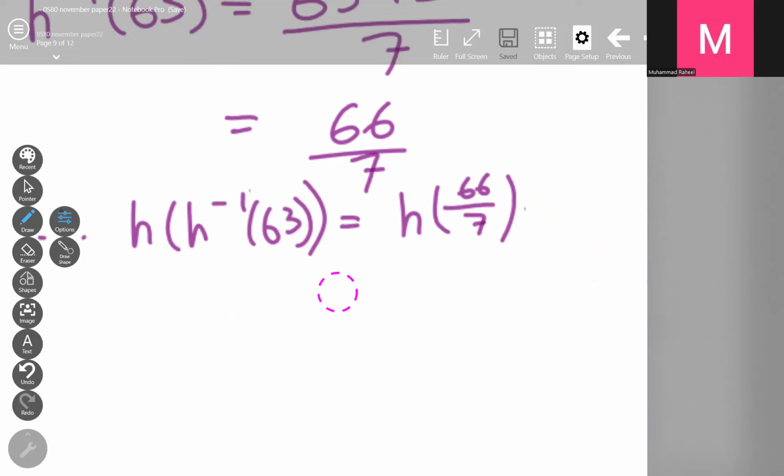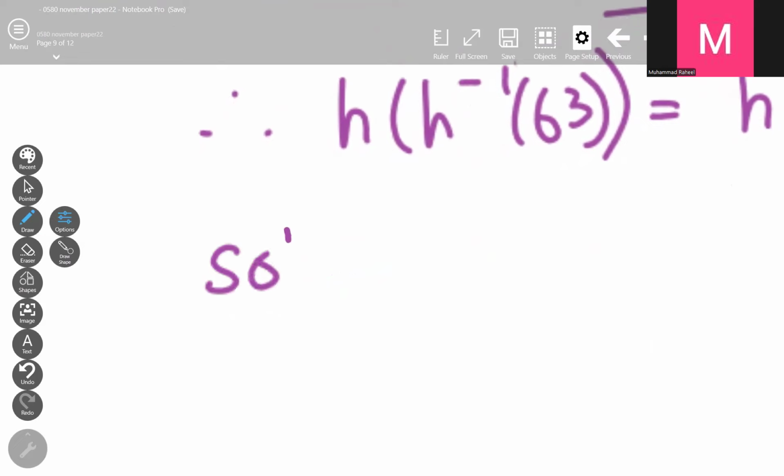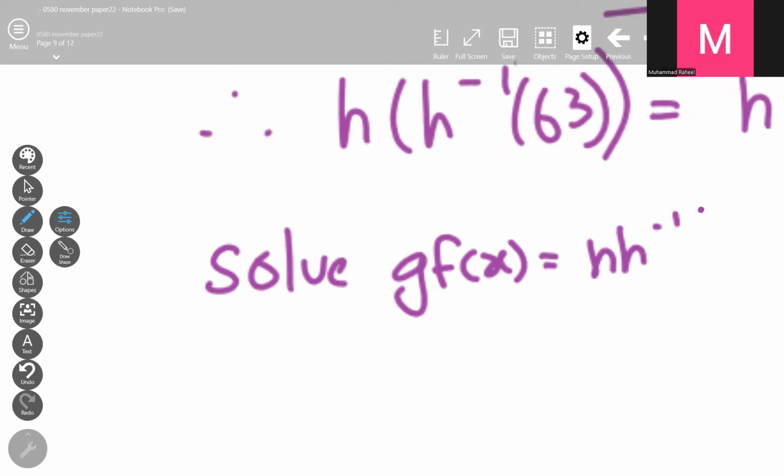Well, here's the answer here first, and then we can solve g f of x equals h inverse of 63.